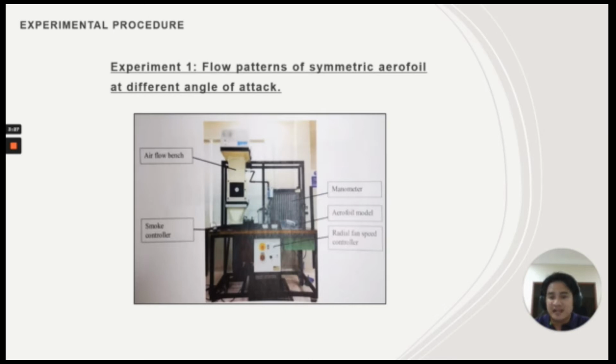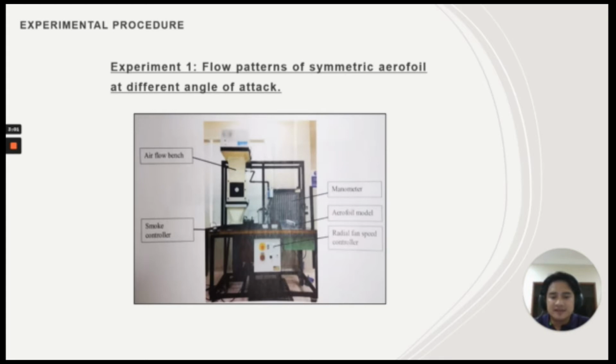The first angle of attack at 0 degree is selected to start the experiment, and the switch is turned on. Next, the smoke controller is pressed to emit smoke, and the radial fan is allowed to move. And then the picture of the flow is taken.